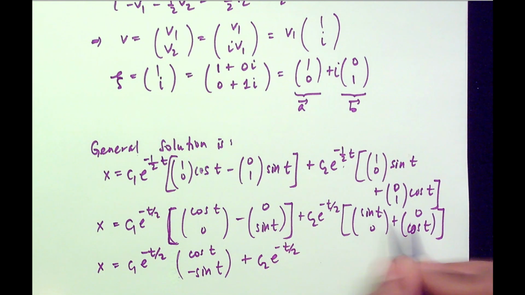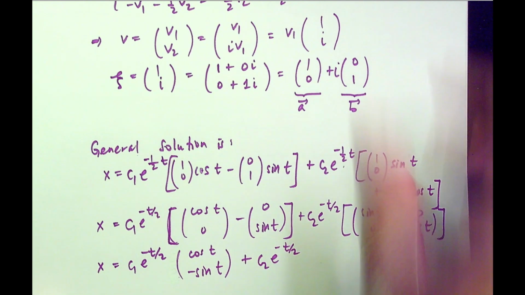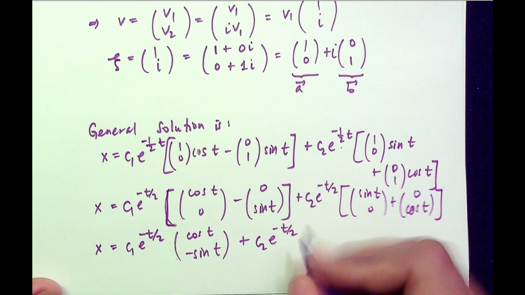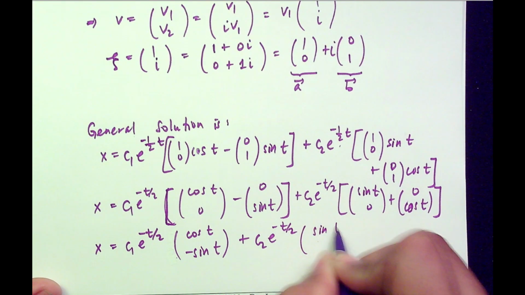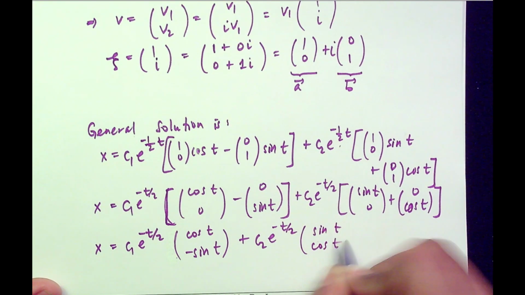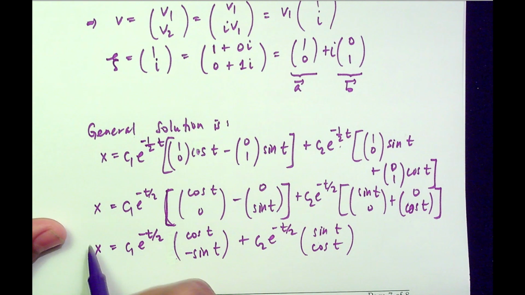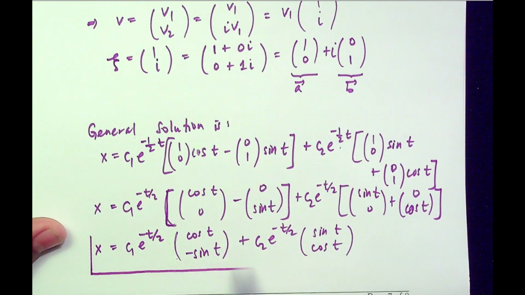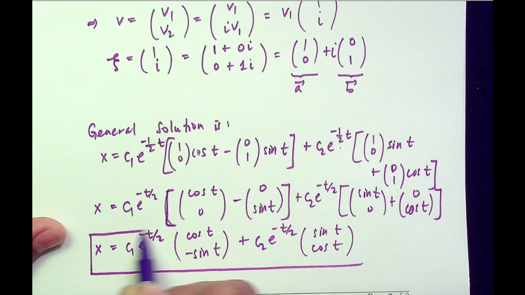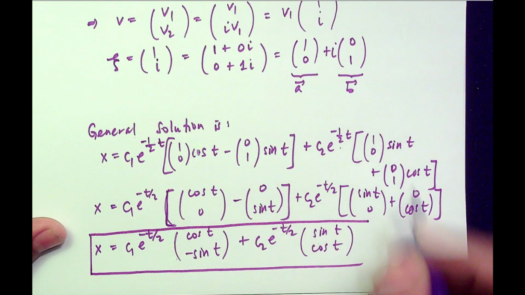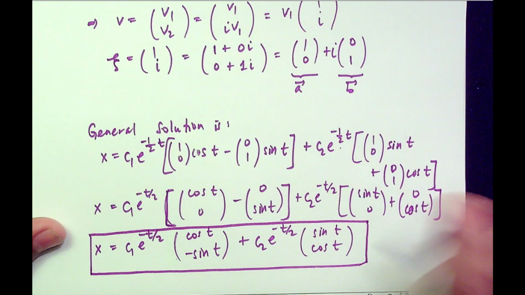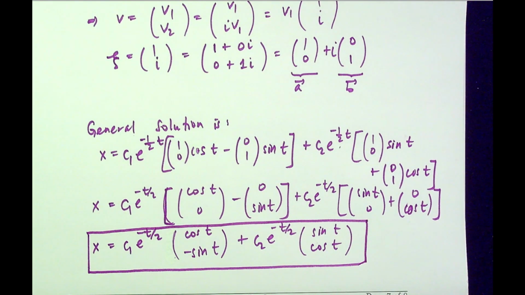And then adding these two vectors, you will get (sine of t, cosine of t). And that looks a little bit cleaner. But the very first version that we wrote is acceptable. It's just that this looks simpler. Okay, that's a general solution.